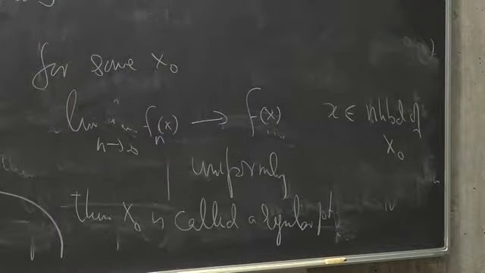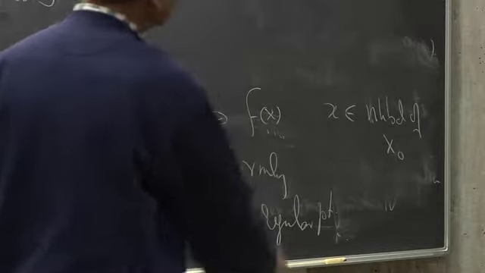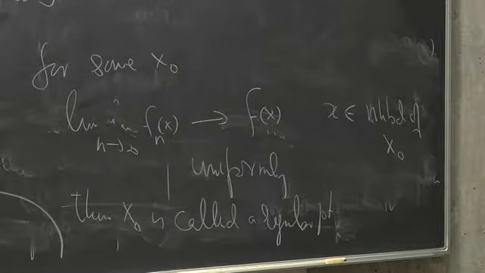And f of x, to which it converges, is called the local value of the generalized function.